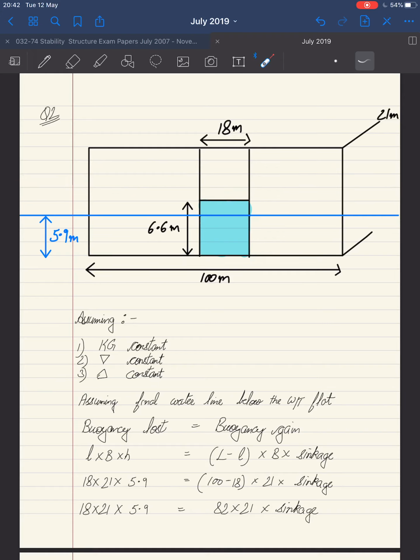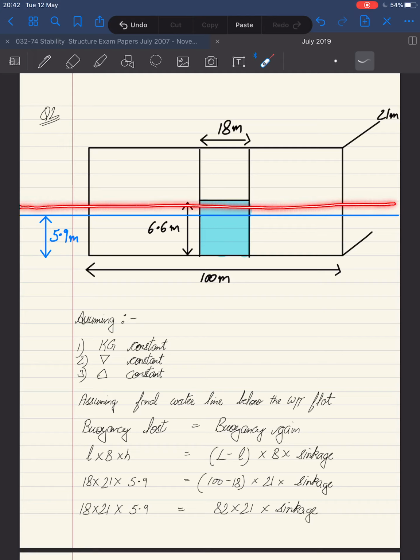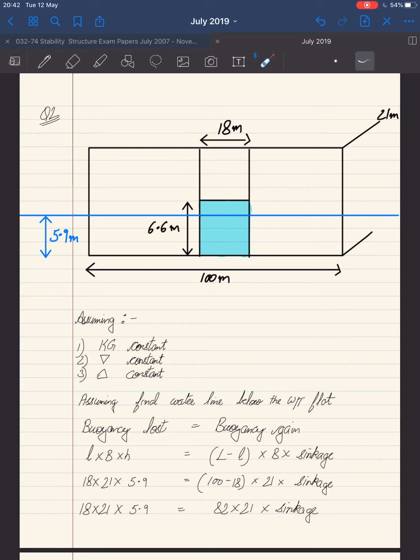If it would have been the case of final water line below the watertight flat, then the length of the vessel in the bilge condition would have been written as this entire length minus this length. But this is not the case. The case is where the final water line is above the watertight flat, where the bilge length is still the same, which is 100 meters.